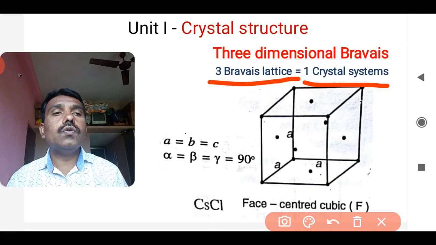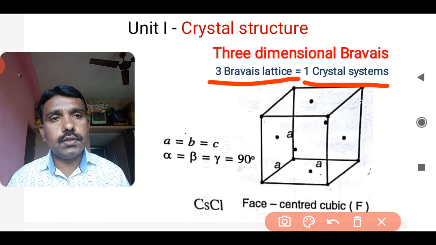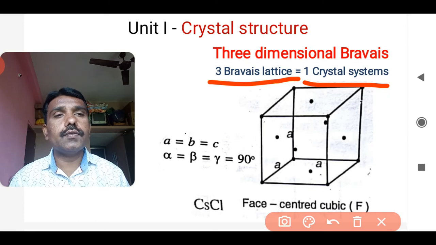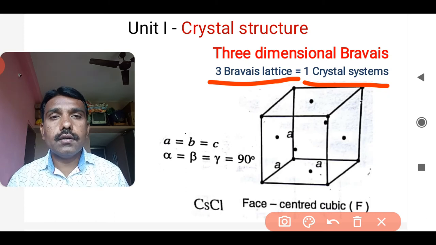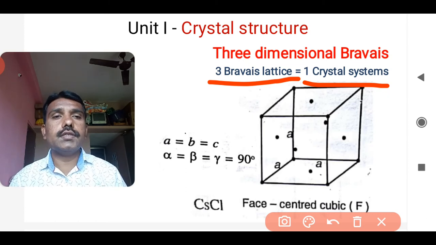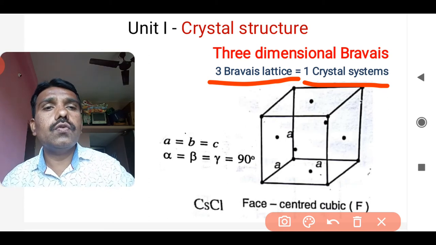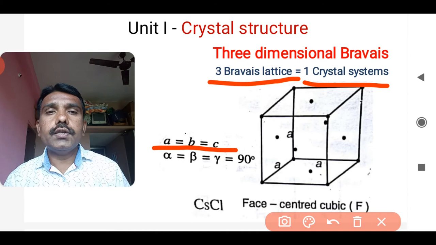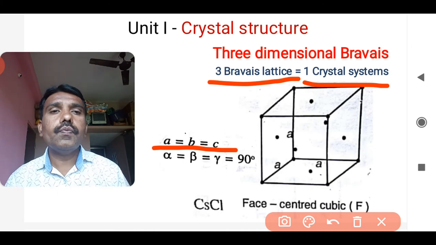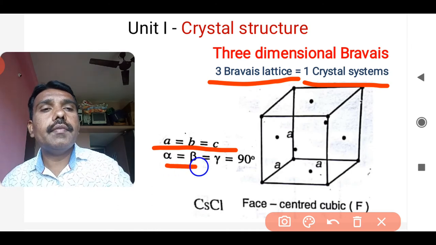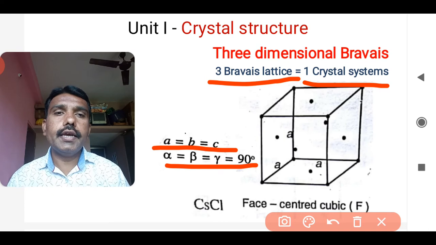Here, as far as this three-dimensional Bravais lattice concerns the first crystal system, it is again cubic, so a is equal to b is equal to c, forming a cube, and alpha, beta, gamma similarly have 90-degree angles between them.